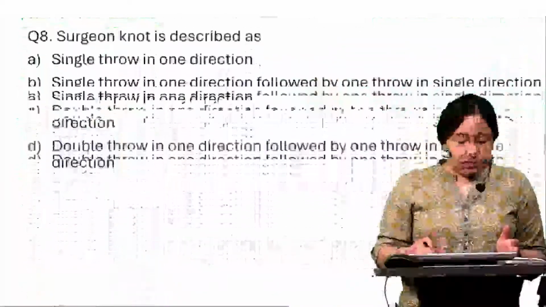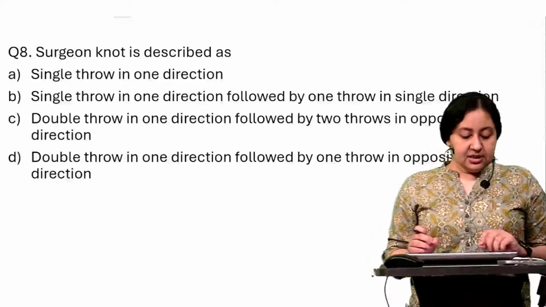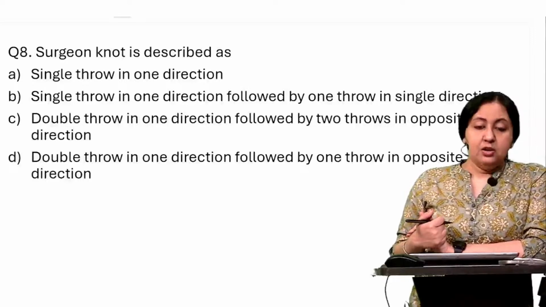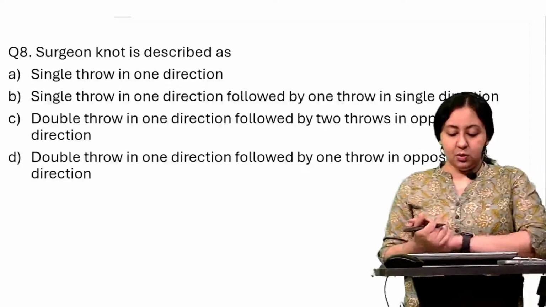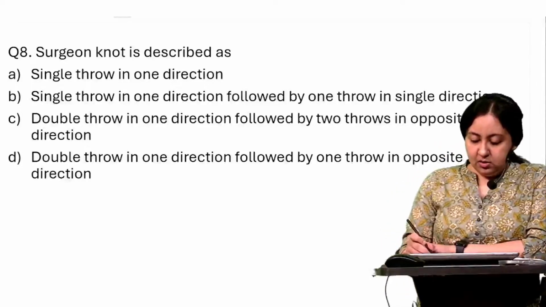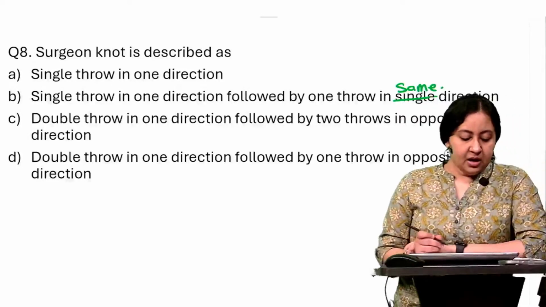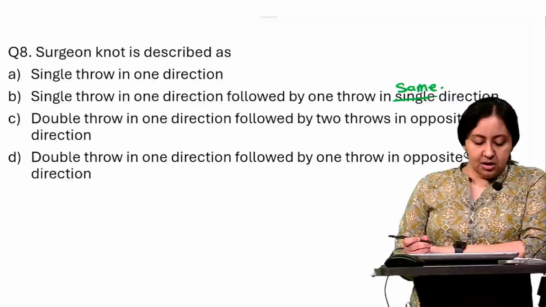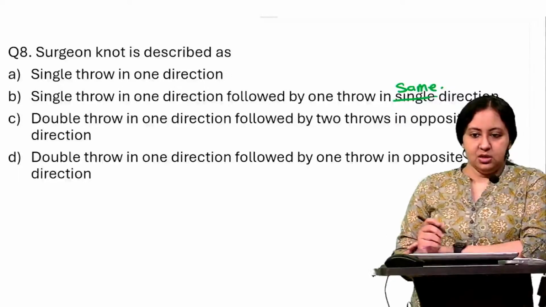Now coming to question number 8. It says surgeon's knot is described as: single throw in one direction followed by one throw in the same direction; double throw in one direction followed by two throws in the opposite direction; and D, double throw in one direction followed by one throw in the opposite direction.